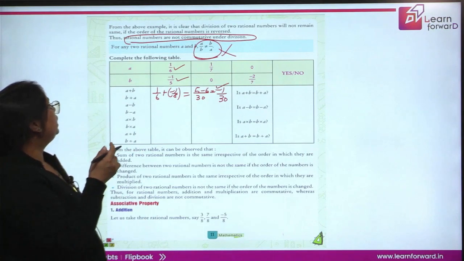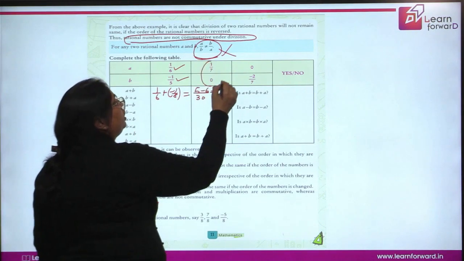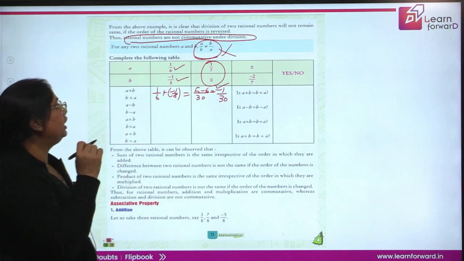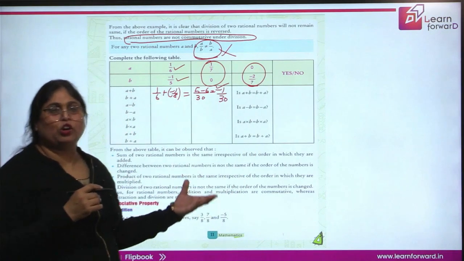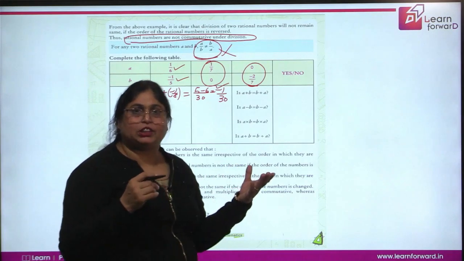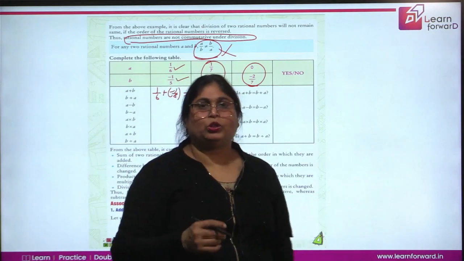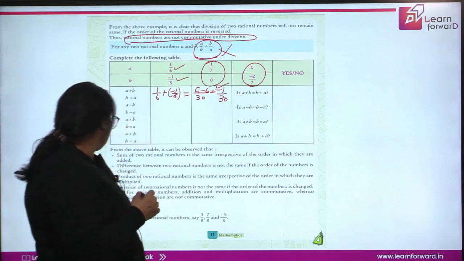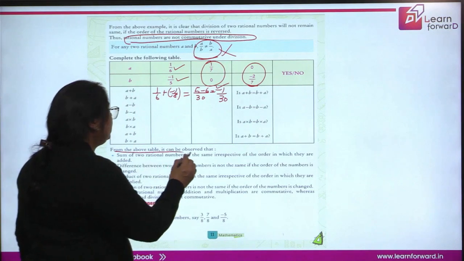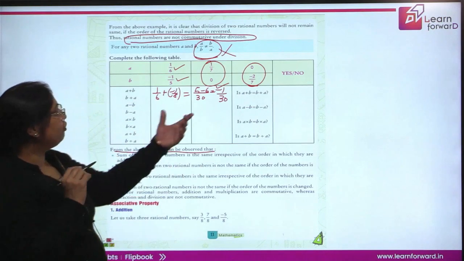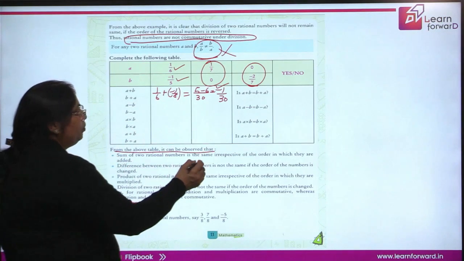For the second case, again we have taken the second one. This is our second example and this is the third example. For all these questions you have to do yourself and we will discuss. Okay kids? Now, from the table we can observe that I have taken one example of addition.